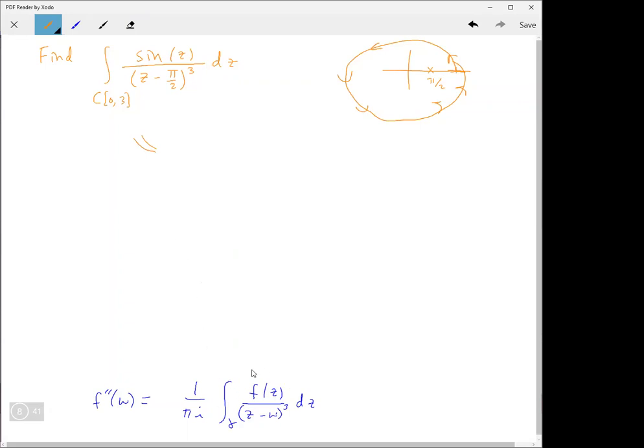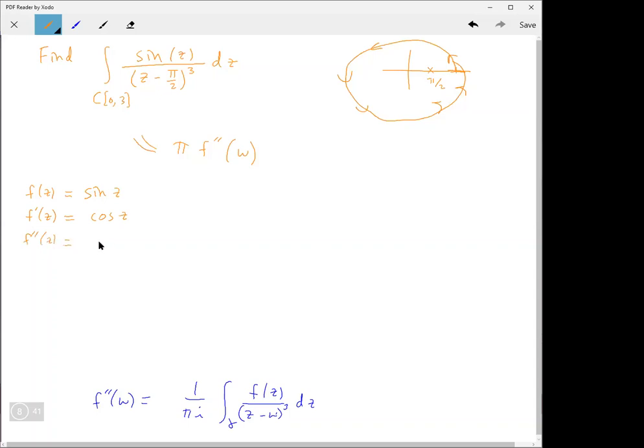Okay, so that means that the integral part is going to be pi i times f double prime of w, the second derivative evaluated at w. So what is f of z in this case? Sine z. Great, sine z. And what do we have to do with this sine z? Take a couple of derivatives.